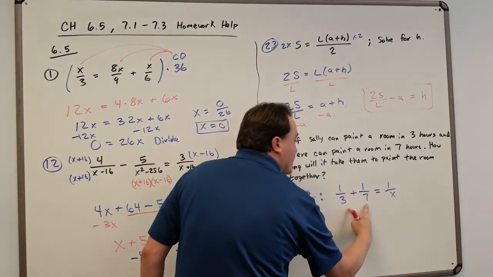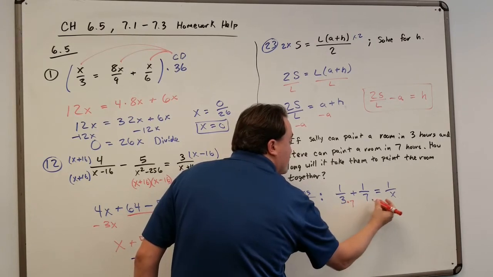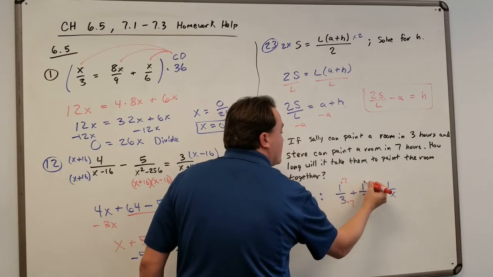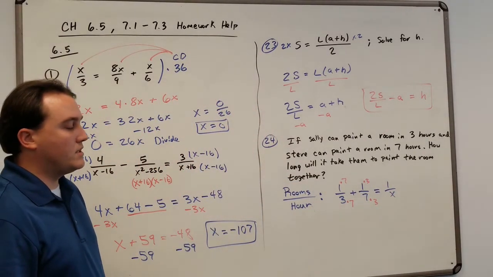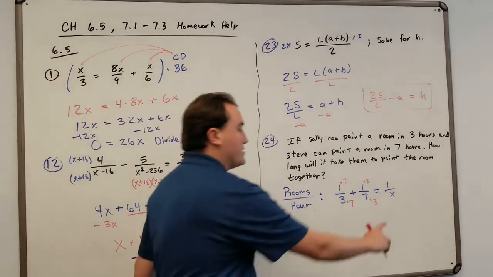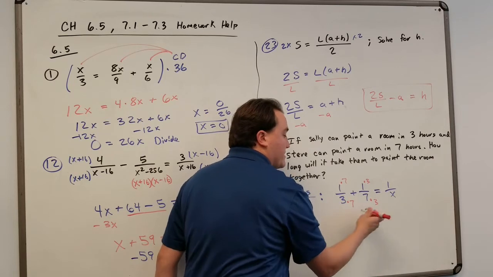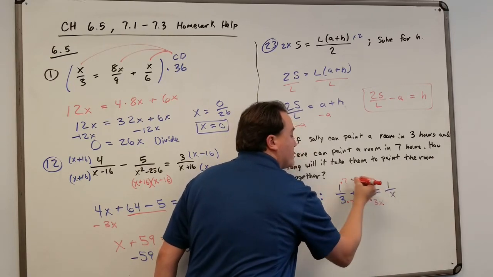3 and 7, the common denominator is 21. So we times 7 and times 3. Do it to the bottom, got to do it to the top. That doesn't give us a common denominator yet though, because we're missing this piece here. Because if this has an x in it, these two need an x in it. So this is going to be 7x, 3x, 3x, 7x.